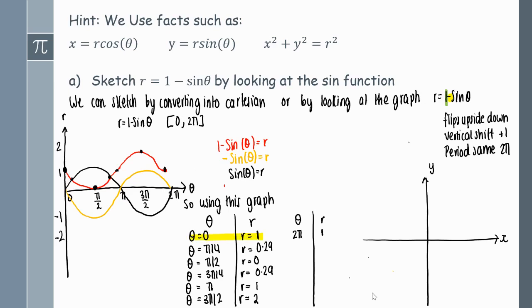So when the angle is 0, the distance from the origin is 1. That means I'm going to go 1 unit along in my positive x direction. Next point, when the angle now becomes pi on 4, the direct distance of my point from the origin is 0.29.